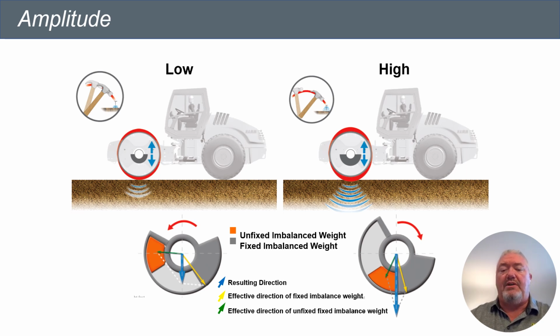Amplitude is basically how much weight is swinging around that center axle. Ours has a sliding weight inside this cavity. If I go counterclockwise, the weight swings away from the stationary weight, and I have a much smaller weight spinning around that axle. With a smaller weight, I can spin it faster. So the speed is the frequency, the amplitude is the weight.